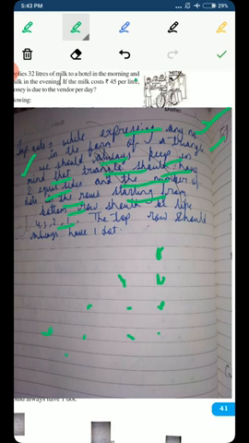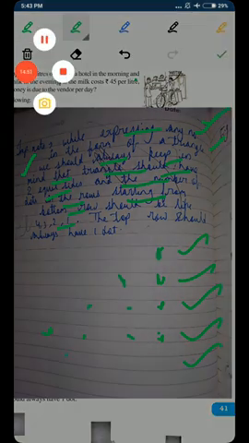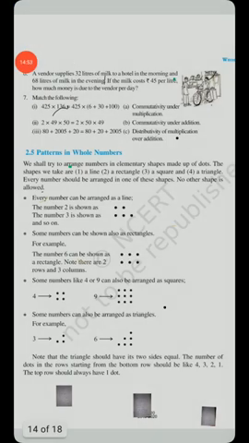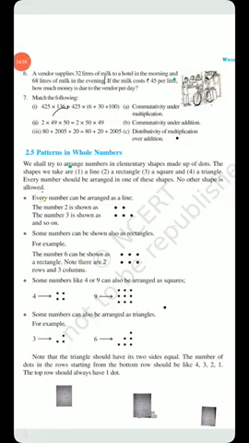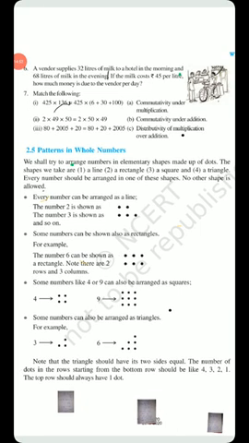Like this it should proceed: 1 dot, 2 dots, 3 dots, 4 dots, 5 dots, and so on when you are expressing the number in the pattern of a triangle. I hope you have understood how to express whole numbers in particular patterns or shapes.